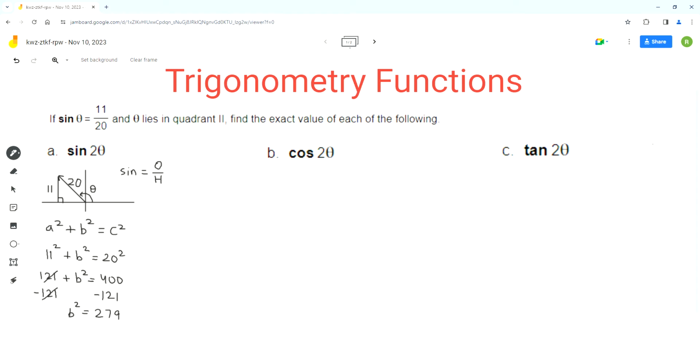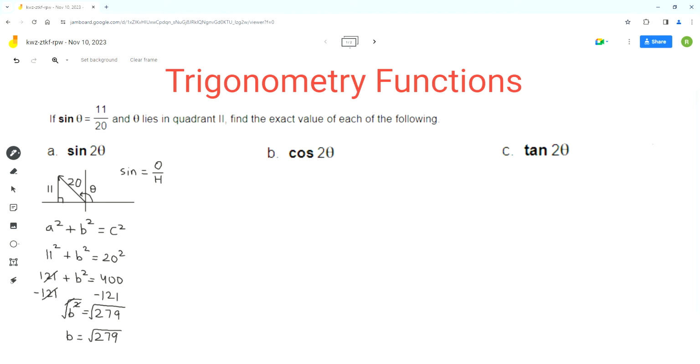And now we have to change b square to b. For that, we'll have to apply square root to both sides, because the square and the square root on b will cancel each other out. So the third side length is equal to square root of 279.